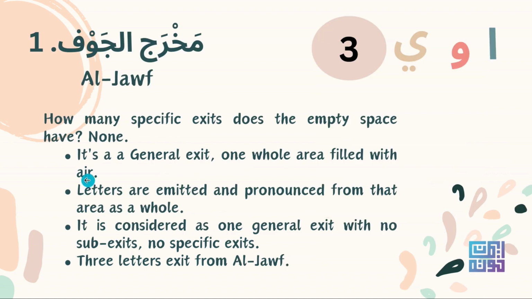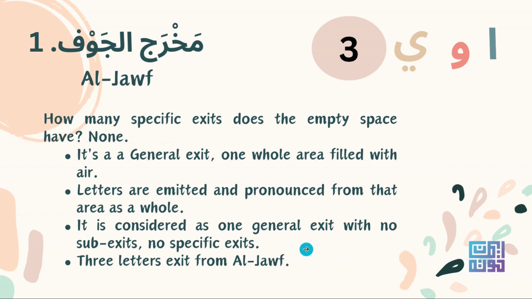And the answer is, it's a general exit. It's one whole area filled with air. Letters are emitted and pronounced from that area as a whole. And it's considered as one general exit with no sub-exits, no specific exits.